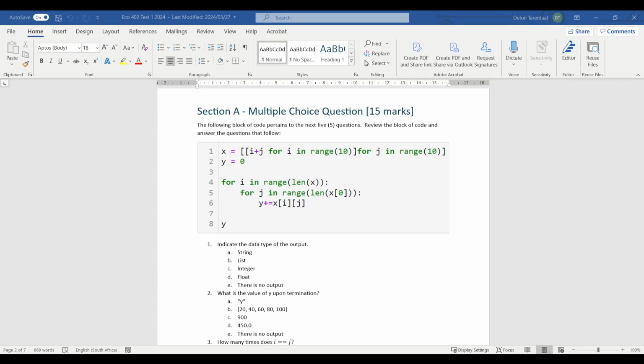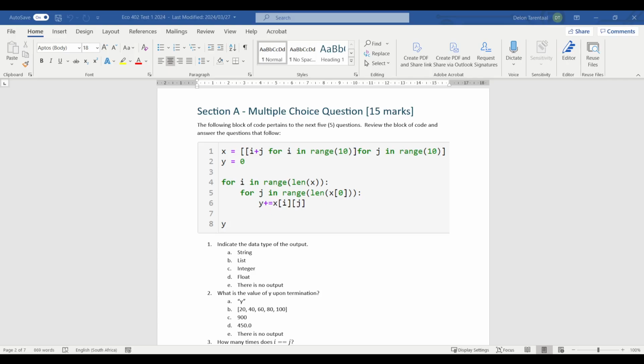So then we have a nested for loop. So we have a for i loop and a for j loop. Based on our knowledge of how to determine the number of rows and columns, we know that the for i loop looks at the number of rows, the for j loop looks at the number of columns, right? And then we have a plus equals summation.